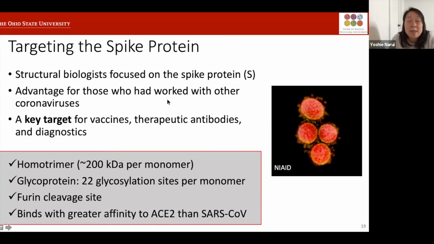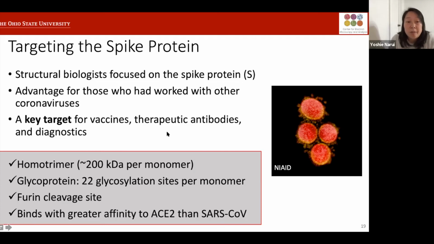I will say that the researchers who had already been studying coronaviruses previously had a very distinct advantage in determining the structure of this spike protein. They had a lot of the methodology down already.